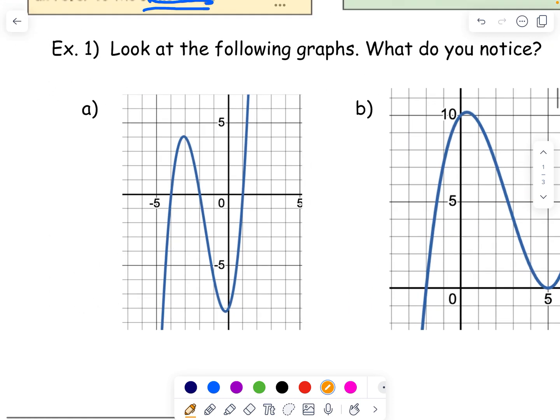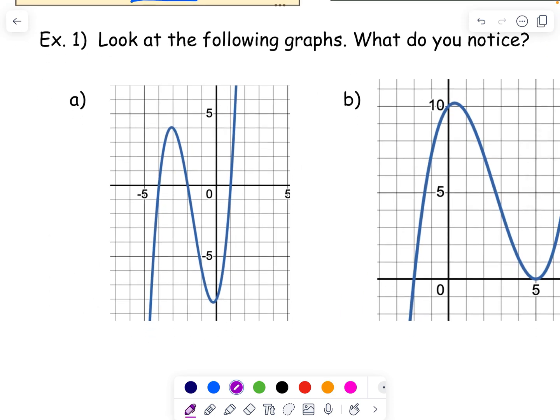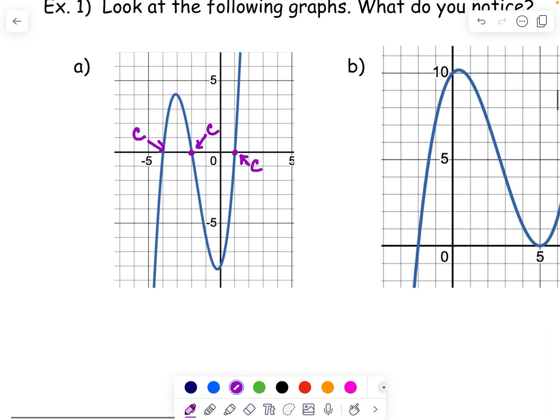All right, so let's look at some graphs and see what we actually notice. Just because we were just talking about touching and crossing, right? This guy is going to cross, this guy is going to cross, and this guy is going to cross through the x-axis. And those are all zeros, right? So our zeros for this would be -4 and -2 and 1, and they're all going to be odd multiplicity because they cross, okay? So those are some things that you notice. We also notice that we have a turning point here and a turning point here.